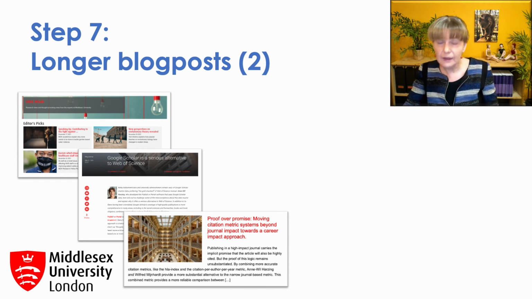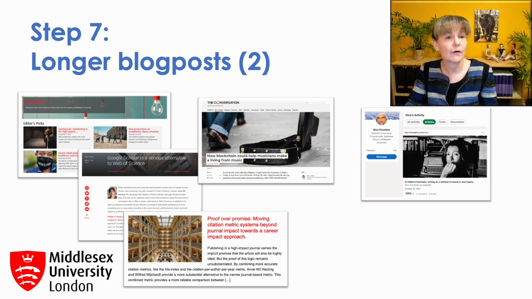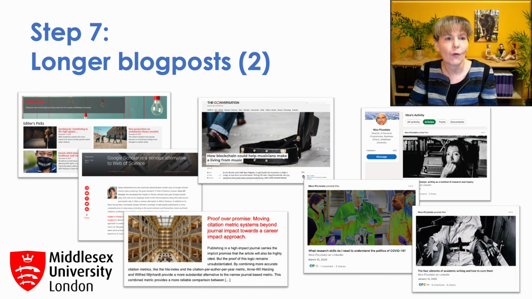We have about a dozen academics who've published there, and here is an example from one of our colleagues in ACI. Finally, I mentioned LinkedIn. My business school colleague, Nico Pizzolato, has published about a dozen articles on topics related to academic writing and research skills, which fit very well with his role as director of doctorate programs.